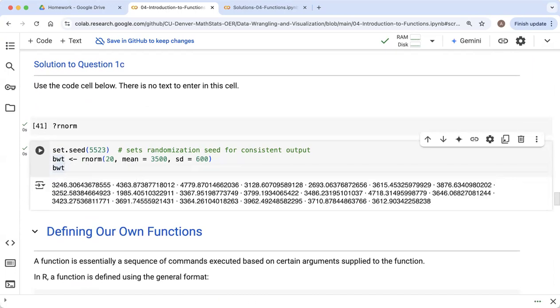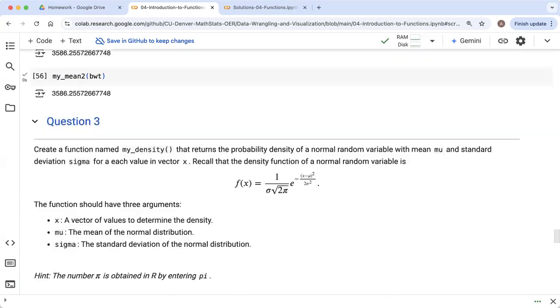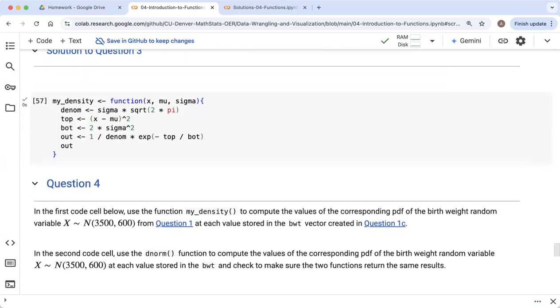So here I've stored stuff in birth weight. I've set the seed, so I've got this consistent output. It's not important if you've set the seed. You can generate any old stuff that you want in birth weight. You don't have to have the same vector that I have up here. But you need to have something in birth weight.